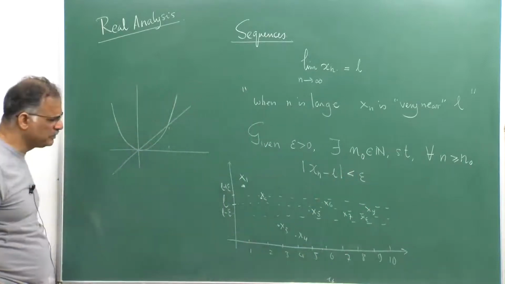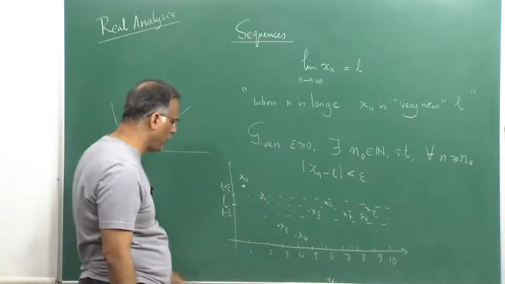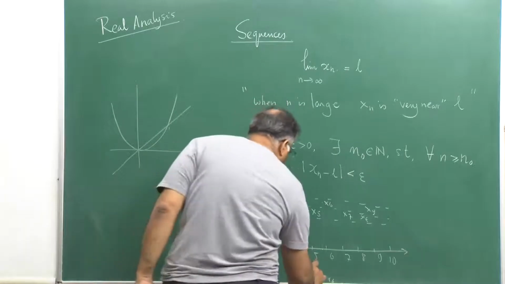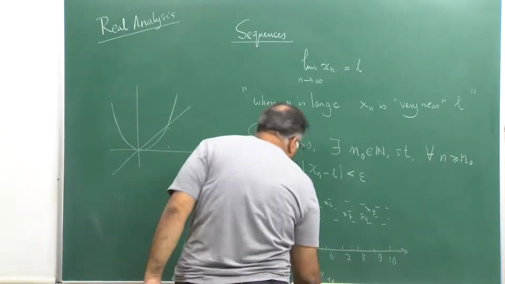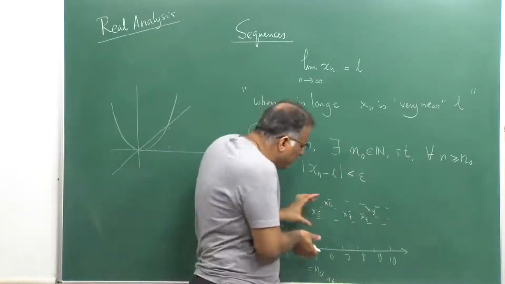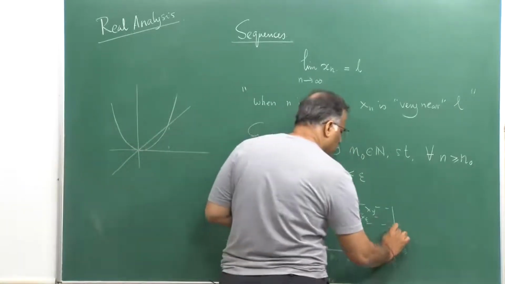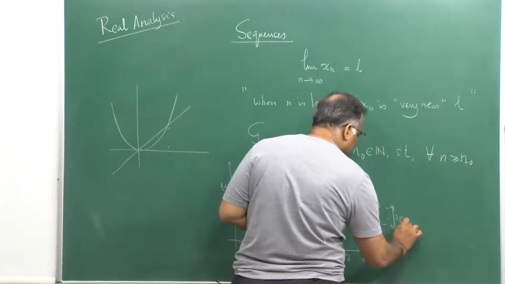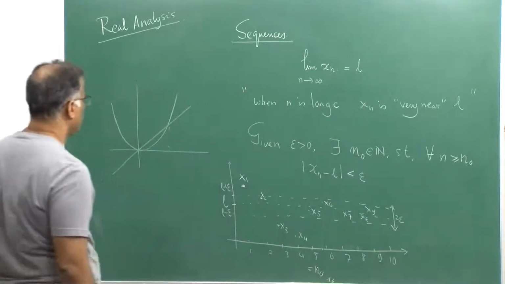So, what is happening? Here our n naught would be equal to 5. From 5 onwards, all the xn's are within this 2 epsilon band. So, this is the 2 epsilon band.